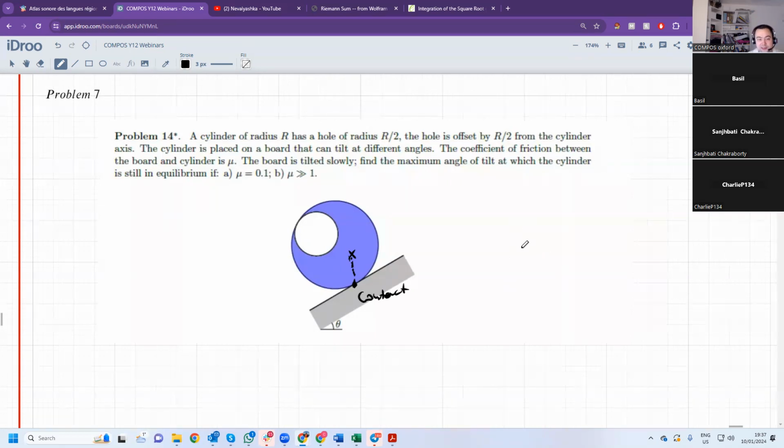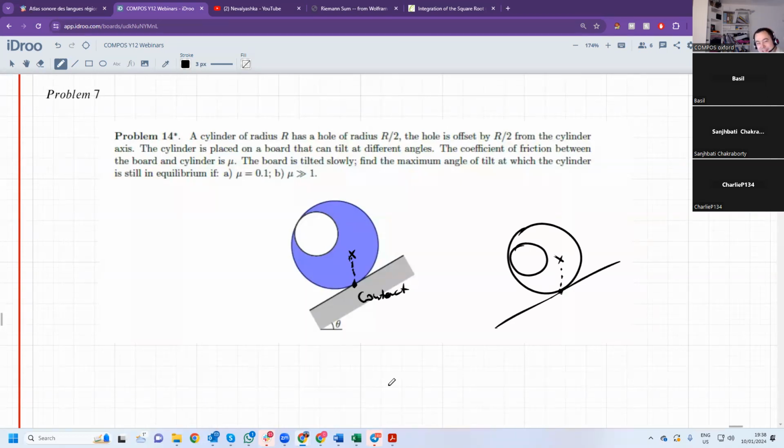In this position, the center of mass is here and the point of contact is here. If you tilt it any further, there's nowhere else for the system to tilt, so it will just roll off. So it's just simple geometry.